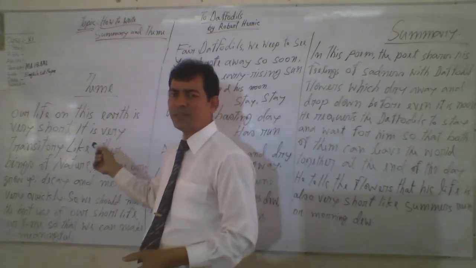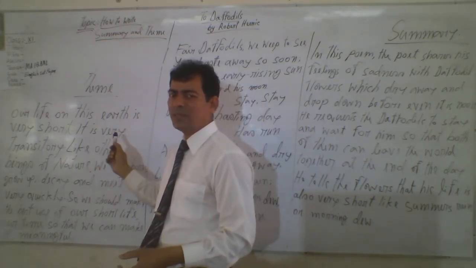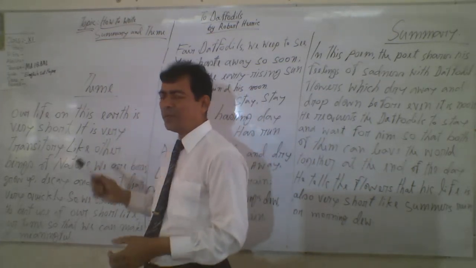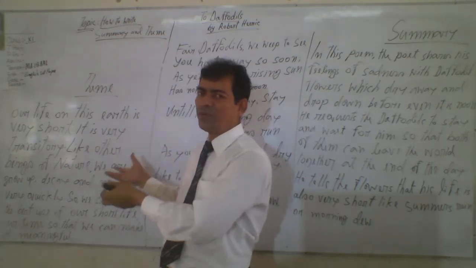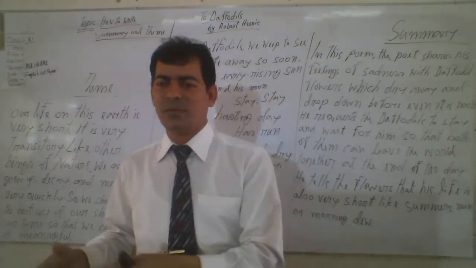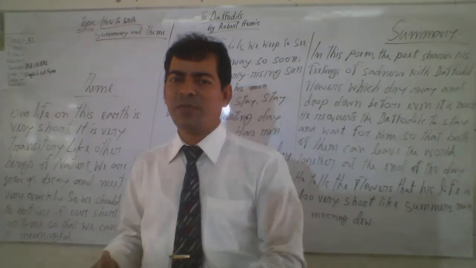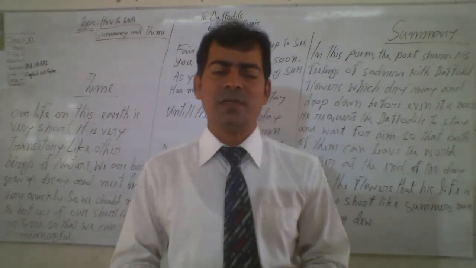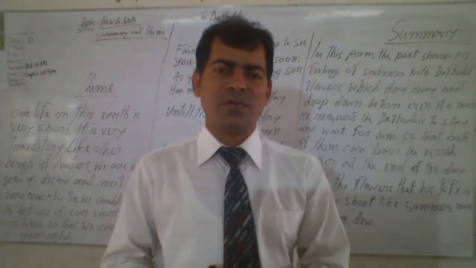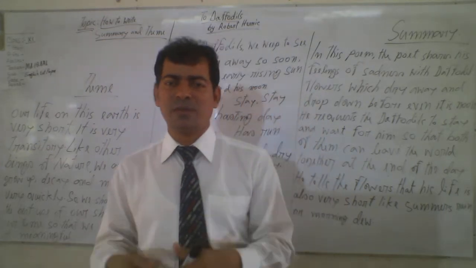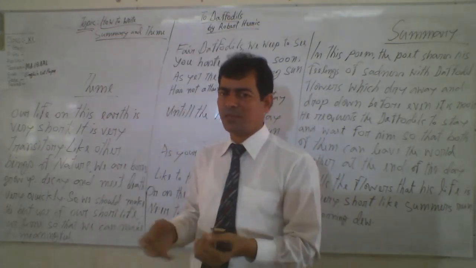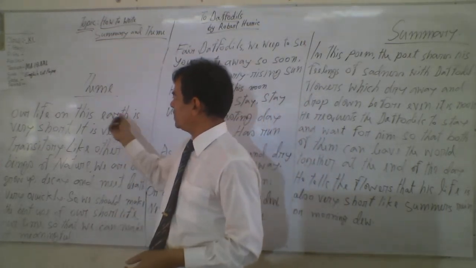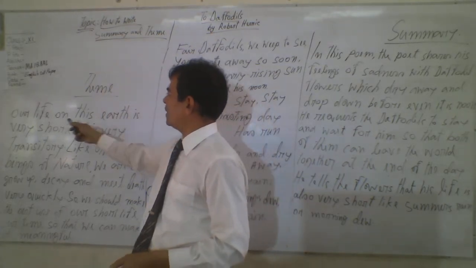Well, I've written a sample of theme for you. You don't need to follow my style exactly. You can follow your own style, or you can follow your textbook. There are many examples for your practice, further understanding. Now let's read the theme.